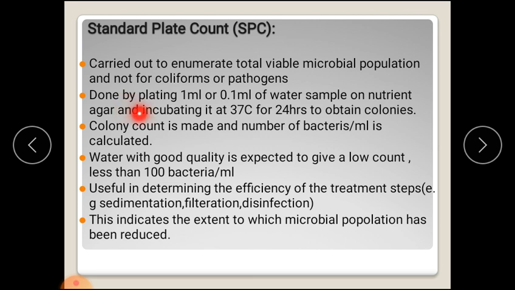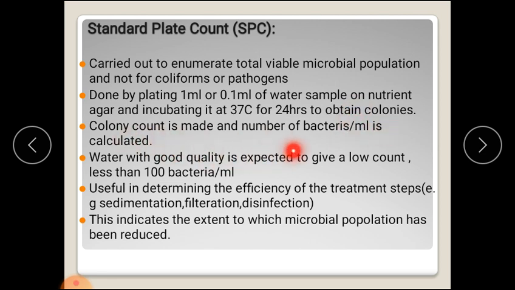In this method the sample is diluted, and 1 ml or 0.1 ml of the sample is taken, spread onto nutrient agar plates and incubated at 37 degrees Celsius for 24 hours. After 24 hours we will find the number of colonies in different plates.